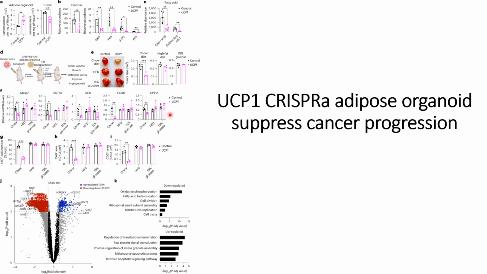So this all substantiates their previous hypothesis that this UCP1 adipose organoid might compete with the tumors for fat consumption and glucose consumption.